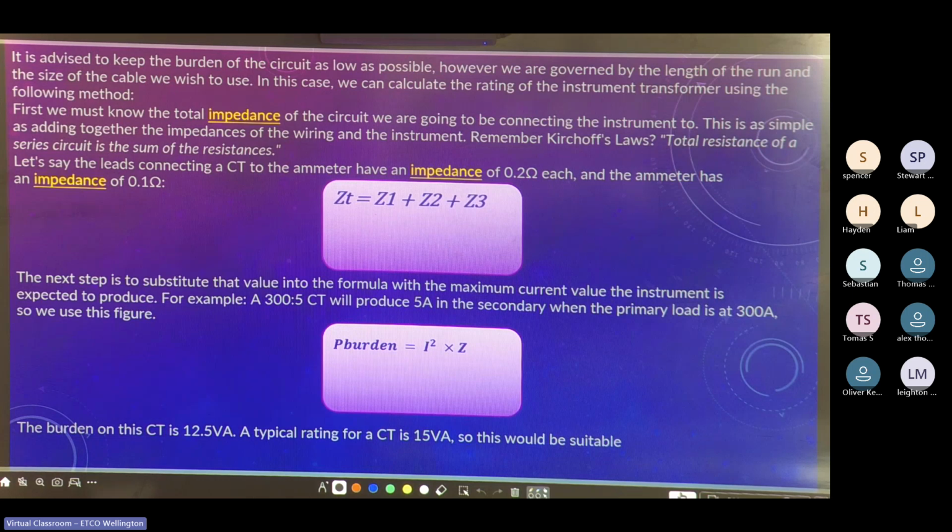We can say Z total is the same as Z1 plus Z2 plus Z3, which is 0.2 plus 0.2 plus 0.1, which gives us 0.5 ohms. So we know P burden is I squared times Z. So 5 amp, we assume it's 5 amp in the secondary when the load is at 300 amps for that CT that we're looking at. 5 squared times 0.5, which gives us 12.5 VA. So that is the burden on the CT.